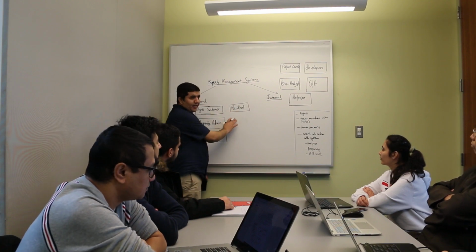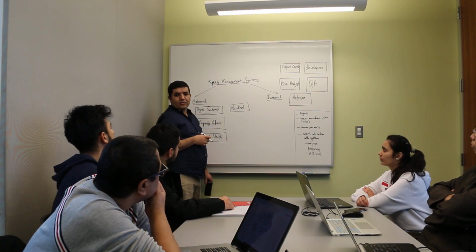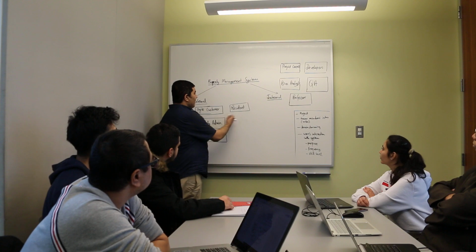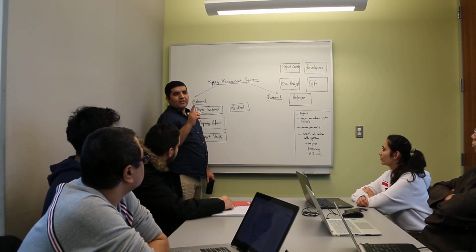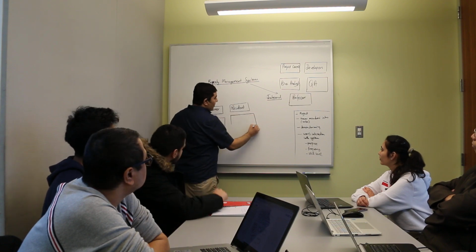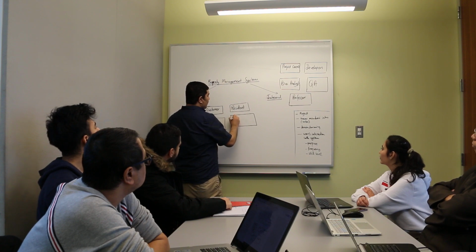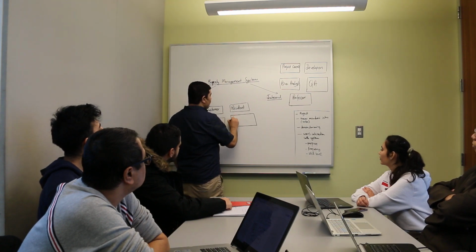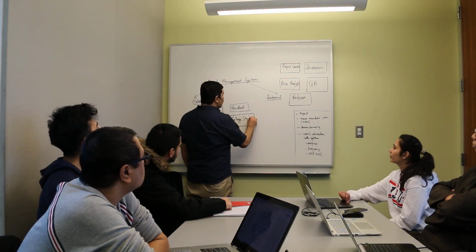Are there any other possible users of the system? I think these are the main users we need, unless you say college students or something. That's part of the residents.